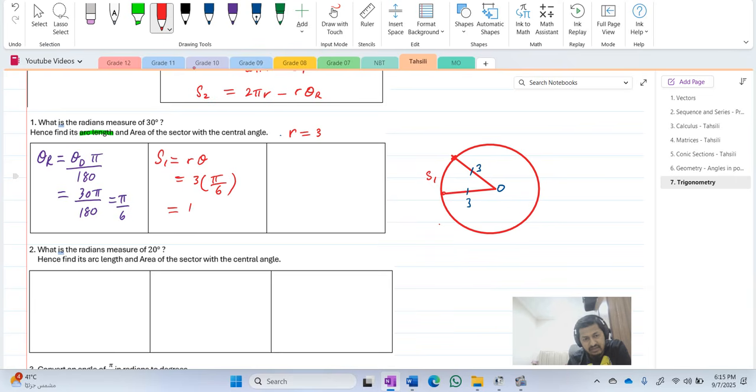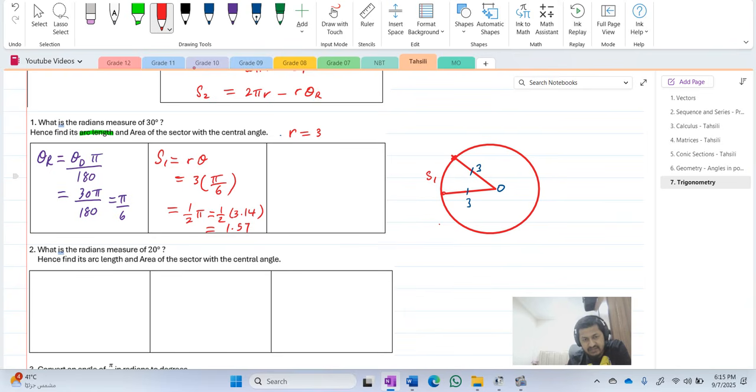Now sometimes for the Tahsili exam there's no calculator, so you must know a basic thing: the approximation for pi is 3.14. So half times 3.14, and I will get 1.57 units.